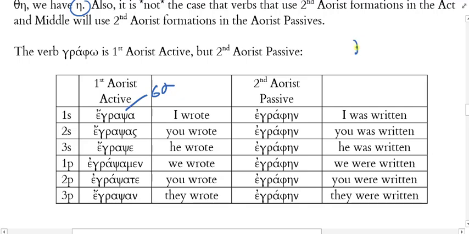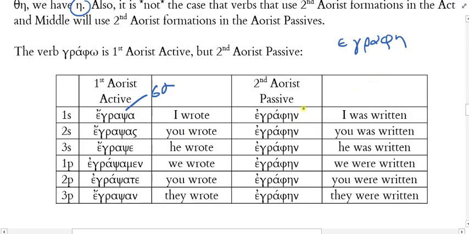So what am I going to do? I'm going to take graph, okay, I will augment it. But instead of theta eta, what am I going to add if it takes a second aorist passive? Eta. I just want to add the eta, okay? So egraphe, and then I use all the same endings that I'm using for the first aorist passive, which are the secondary endings.